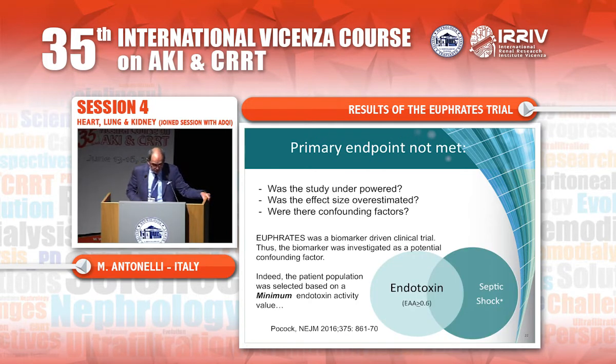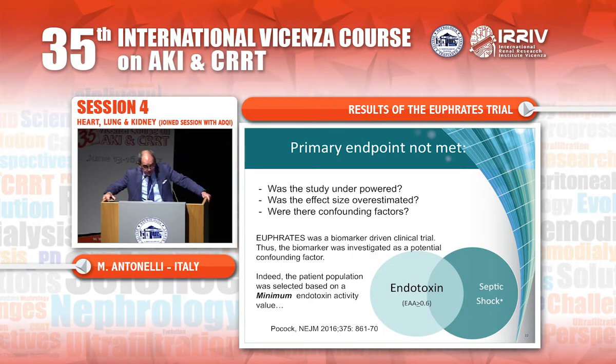But if this is true, I think that we have to ask some questions. There were some primary endpoints that were not met, and then we have to ask if the study was underpowered, if the effect size was overestimated, or if there were confounding factors.